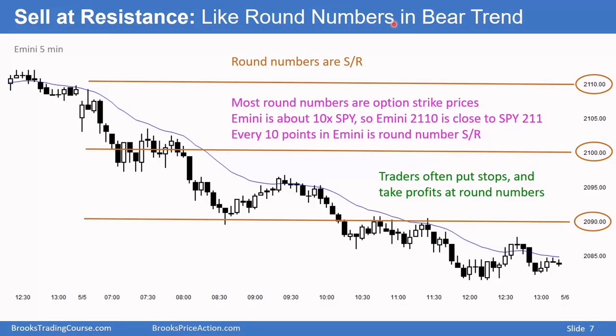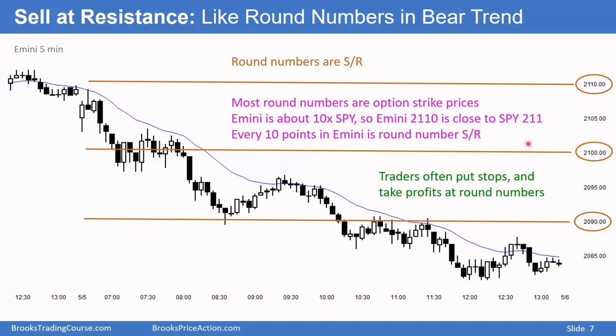Also, you have the issue of option strike prices. The price of the E-mini is about 10 times as great as the Spider. E-mini of 2110 is close to Spider 211, and 211 is an option strike price, 212, 213, 210, all option strike prices. Institutions sell options. They want options to expire worthless, so they pay a lot of attention to option strike prices.